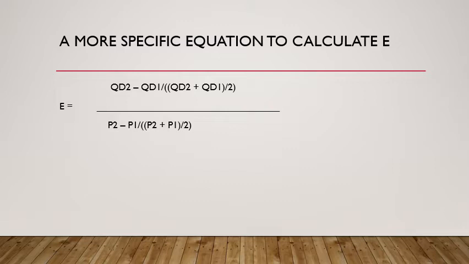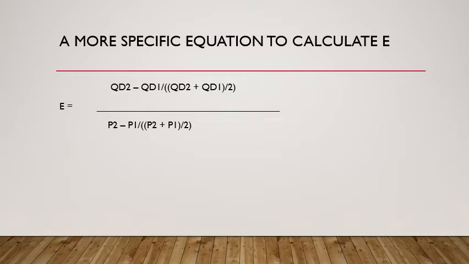The equation is, in the numerator, QD2 minus QD1 divided by QD2 plus QD1 divided by 2. Why are we dividing by 2? Because we're looking at the average elasticity along the segment of the demand curve.